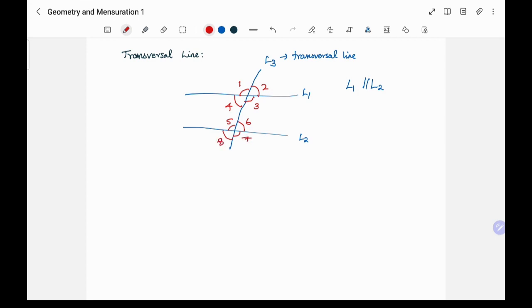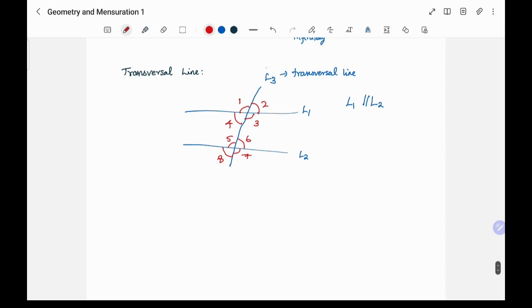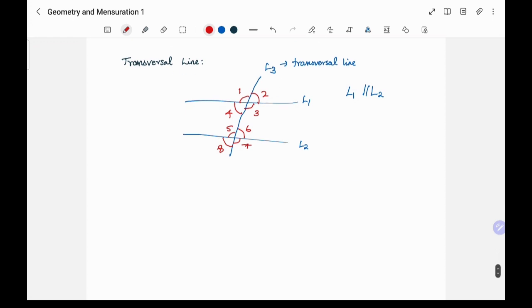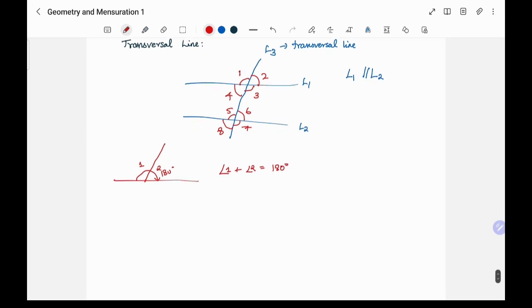So there are 8 angles formed when L3, the transversal line, intersects the parallel lines. So there are special properties. In any line, if you have this kind of thing, this total angle is 180 degrees. So angle 1 plus angle 2 is 180 degrees, right?